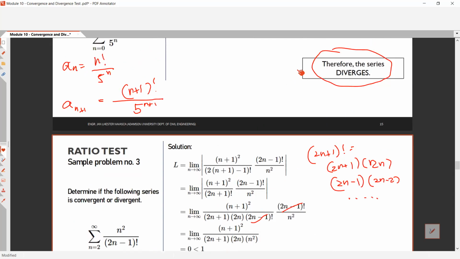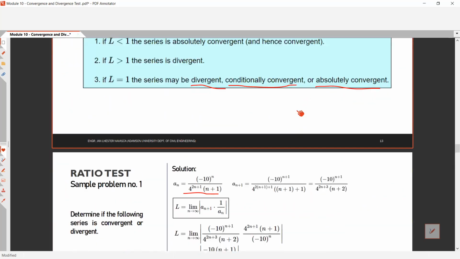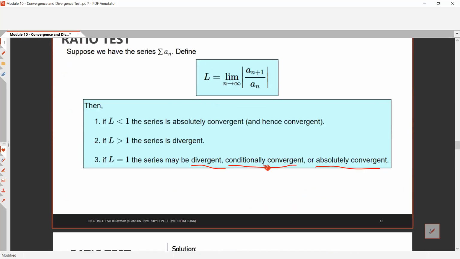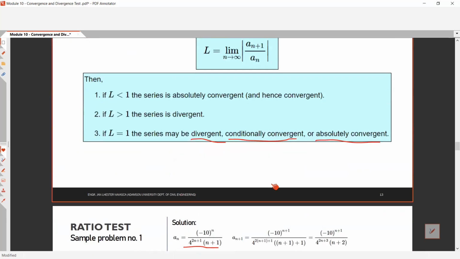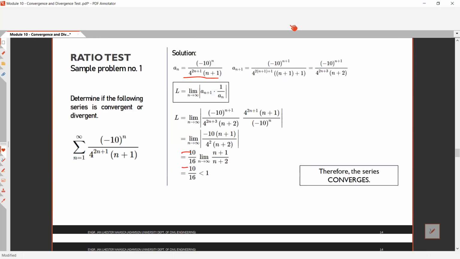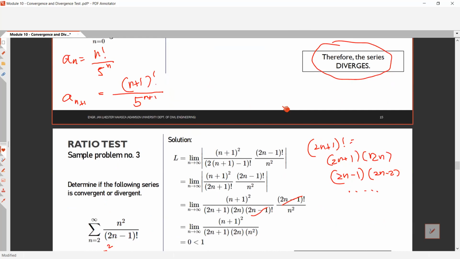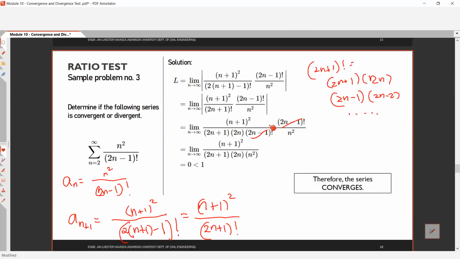Okay. So the question is, is it converging or diverging? You will need to substitute the value, the limit. So L less than 1, L equal, n is greater than 1. Okay, so paano ba 'to? Bakit nag-come up sa 0?